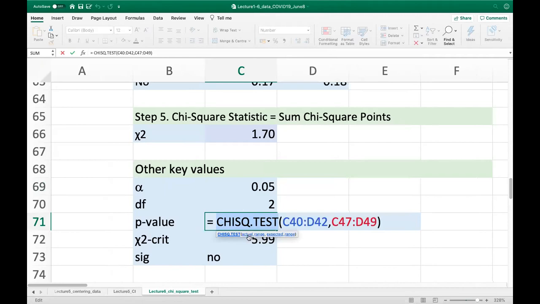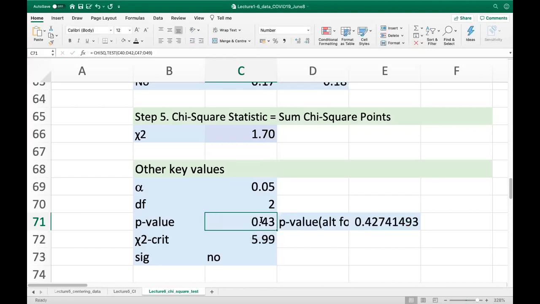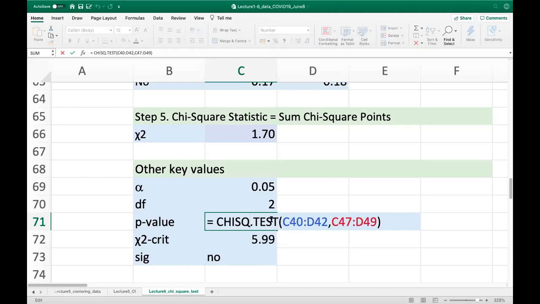The first argument is called actual range. The second argument is called expected range. So basically, it takes two arguments. The first argument is the actual observed frequency. The second argument is the expected frequency.